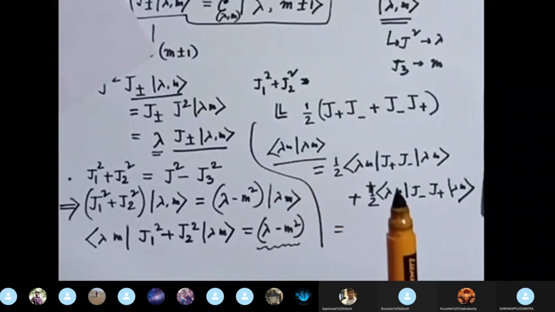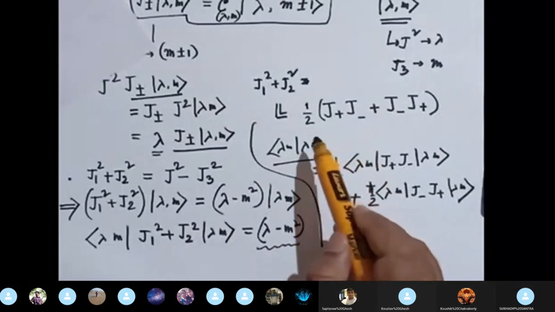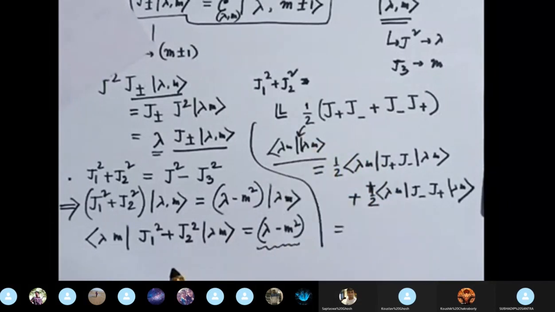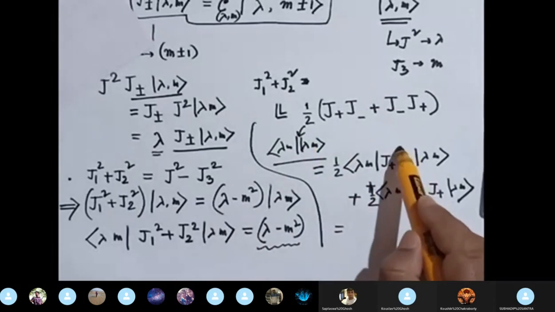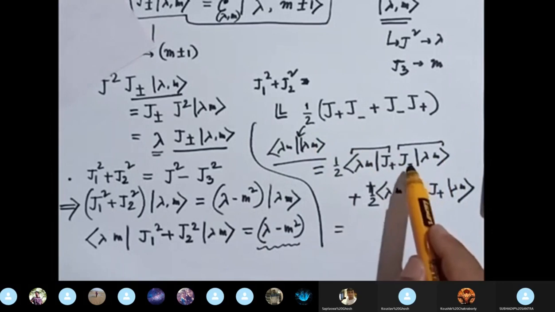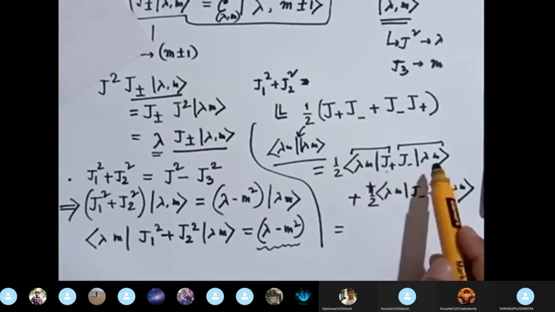Now this vector is the conjugate of this, because J minus dagger is J plus and vice versa.